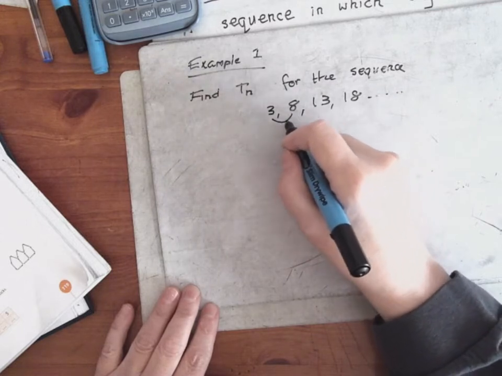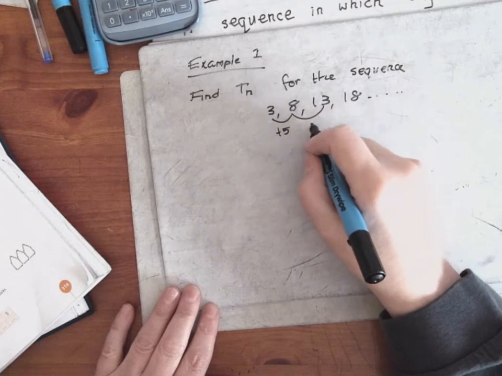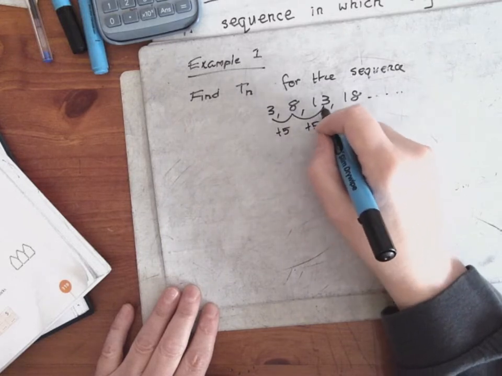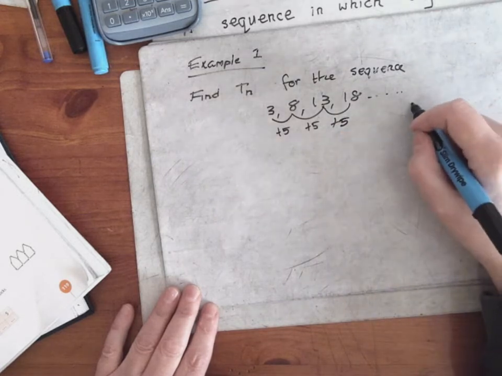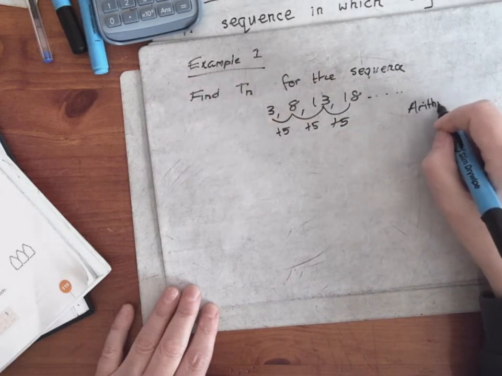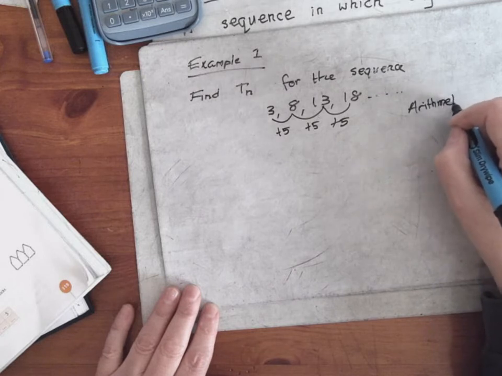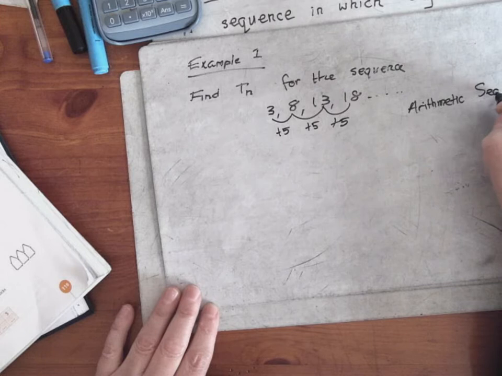To go from 3 to 8, I add on 5. To go from 8 to 13, I add on 5. To go from 13 to 18, I add on 5. So therefore it's an arithmetic sequence, and because it's an arithmetic sequence, I can use the formula. You can only use the formula if it's an arithmetic sequence.